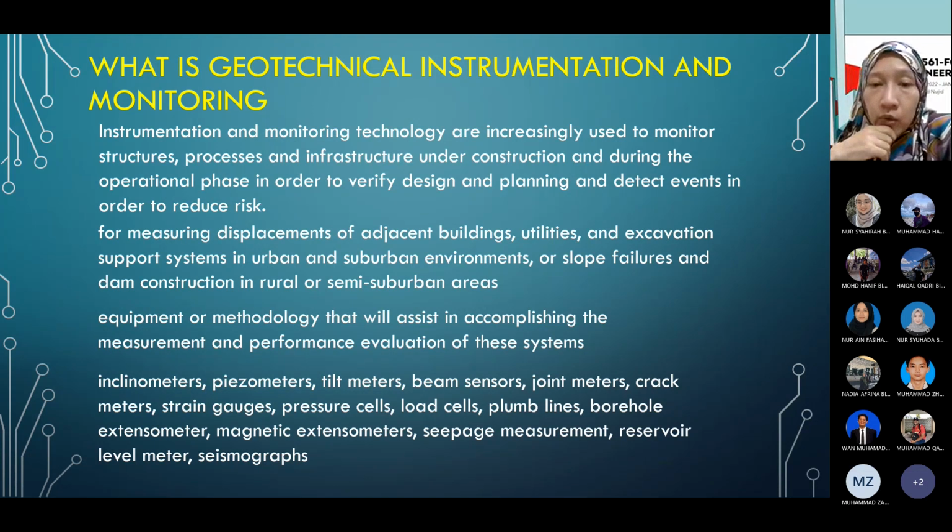So not to forget, when we talk about forensic engineering, there's something that you have to conduct, a postmortem analysis.